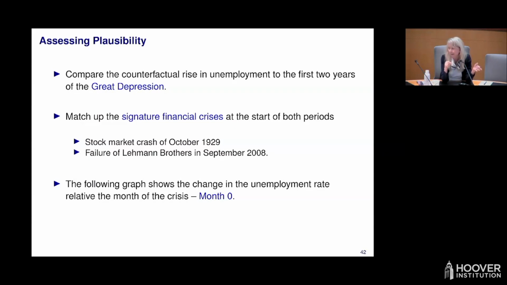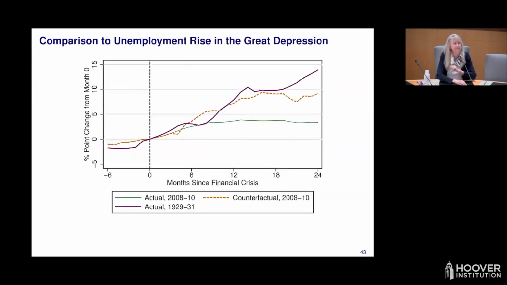There was a stock market crash of October 1929 and the failure of Lehman Brothers in September 2008. So I'm going to show you a graph of what was going on with the unemployment rate and the counterfactual unemployment rate relative to the month of the crisis, which is month zero. All right. So month zero is October 29 for the Great Depression unemployment rate, and month zero, September 2008 for the ARRA. All right, so there's the graph.